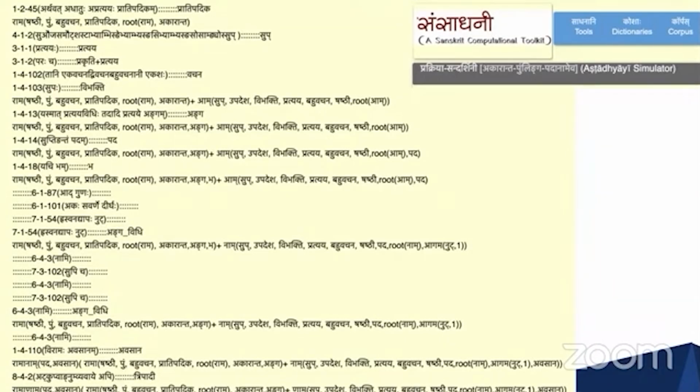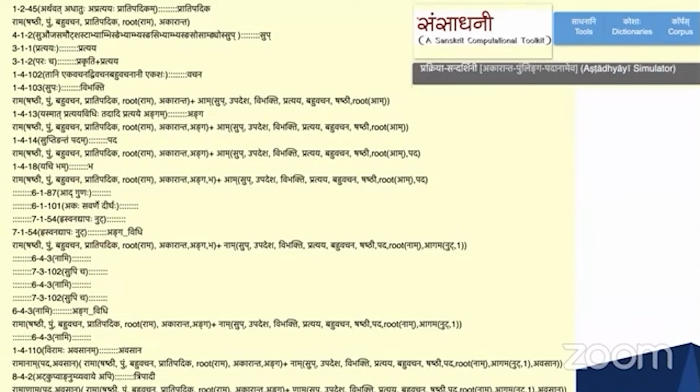If you go to Sansadhani, I tried this with the pratipadika Rama with Shashti Pullinga Bahuvachan, and it gives a derivation. If the final form is correct, at this point I cannot vouch for the correctness of the rule triggering mechanism and whether the correct rules were triggered, but I'm hoping this was fine.